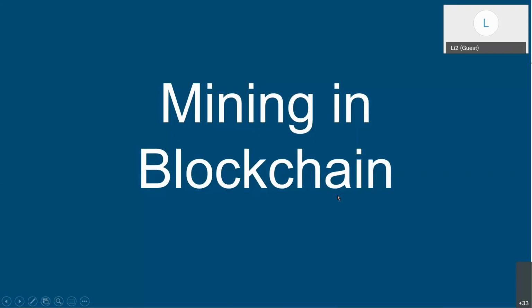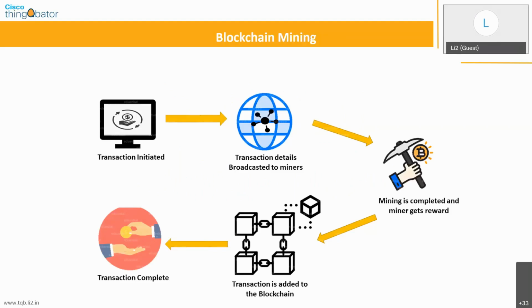Next, we'll discuss mining, how mining can be achieved in a blockchain, and the different ways mining happens. Fundamentally, mining is nothing but adding new transactions, or adding a new block, within the network.